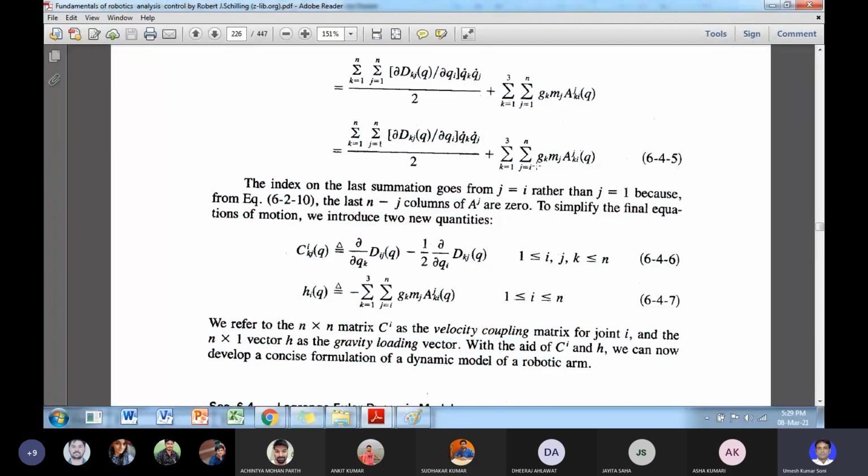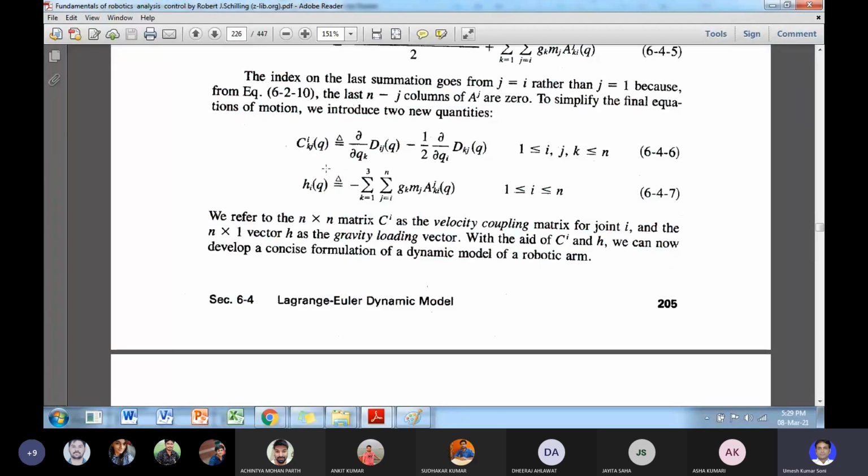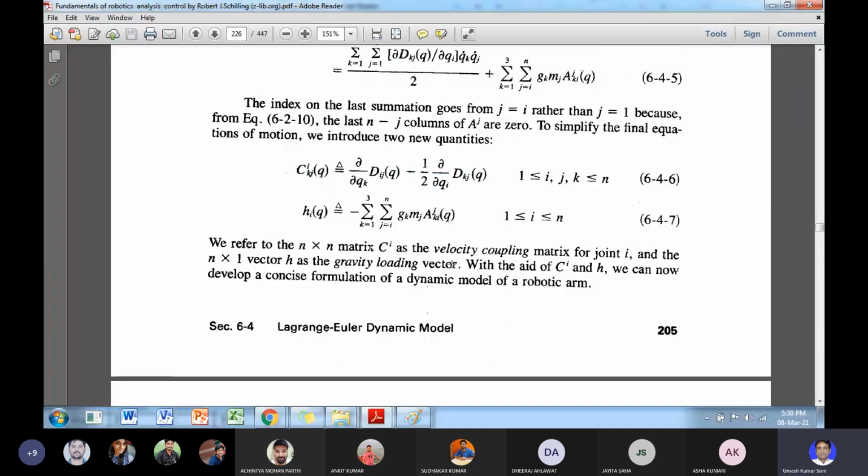So this is another term we have defined previously. What is this term? This is the velocity coupling matrix and gravity loading. Sorry, and this h_k is the gravity effect.